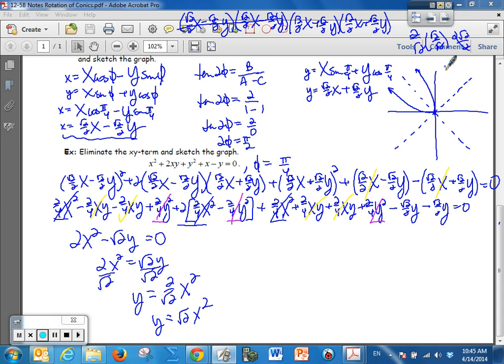If we wanted to find our focus and so on, we could, but this is pretty complex. We're actually not going to go that far. We're just going to sketch it. Okay? There we go.